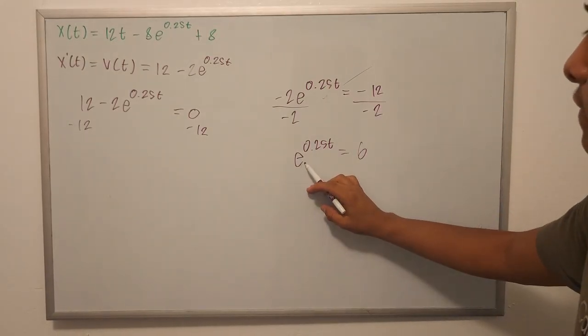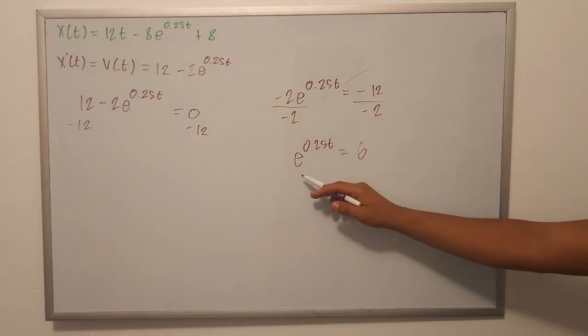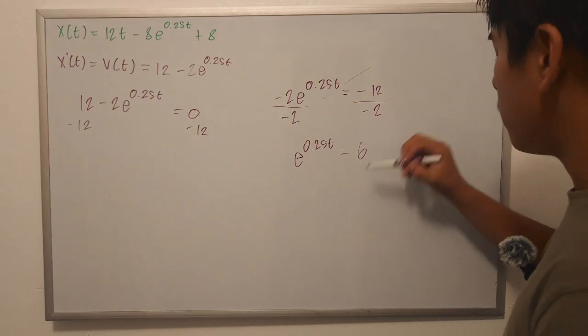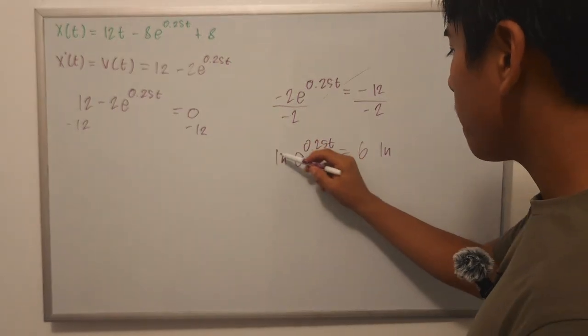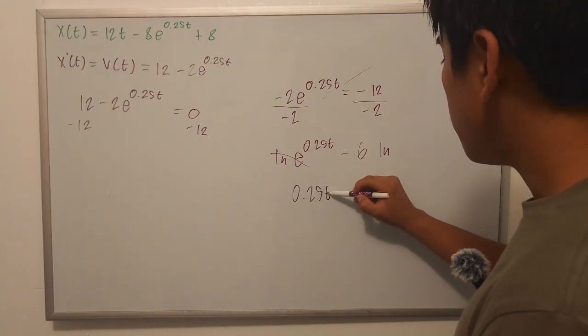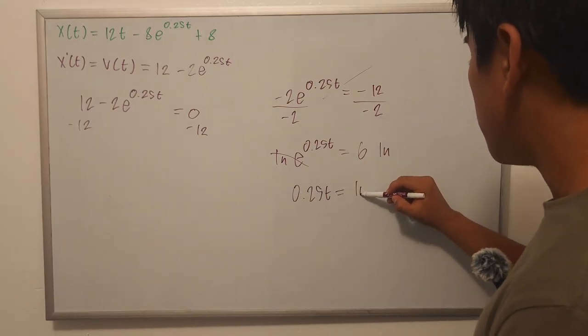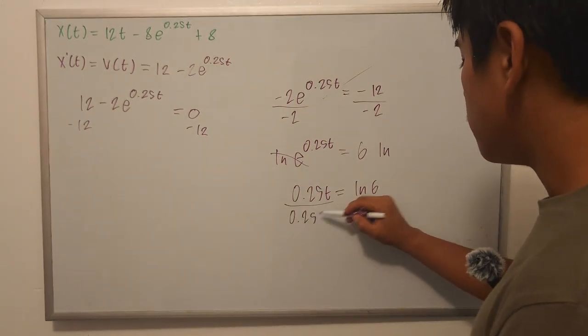And then to get rid of this e, we're going to take the natural log of both sides. So that cancels out. So now we have 0.25t equals the natural log of 6. Now we just divide by 0.25.